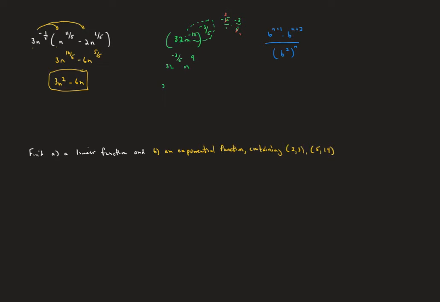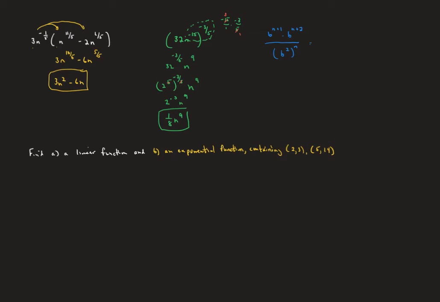Now the 32 is 2 to the 5th to the negative 3/5, and we can again cancel those fractions, and so that's going to become 2 to the negative 3, which is 1 over 2 to the 3rd, which is 1/8 n to the 9th.